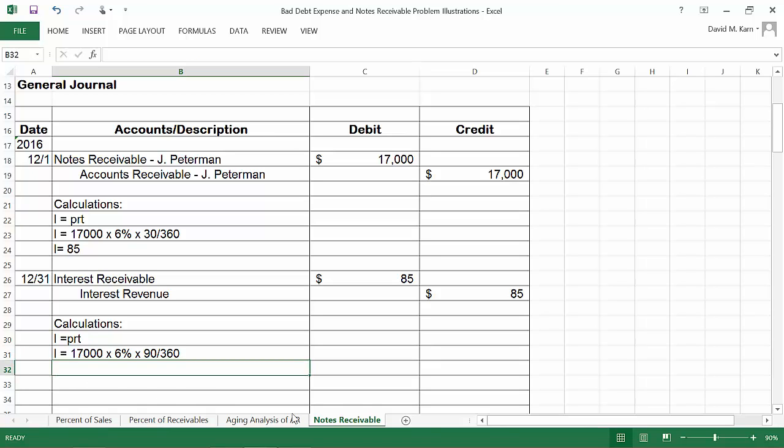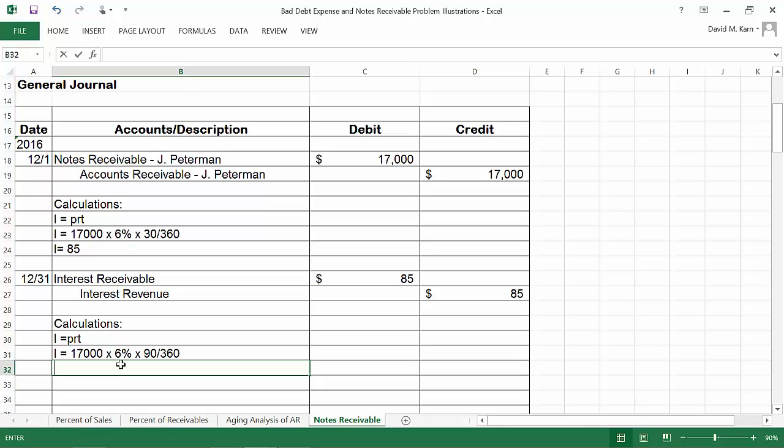Okay, so let's do that calculation. We take 17,000 times 0.06 times 90 divided by 360. And we see that we get $255 is the amount of interest for this period.